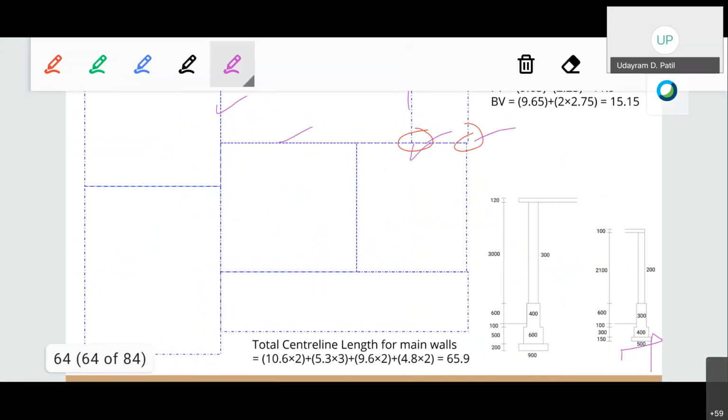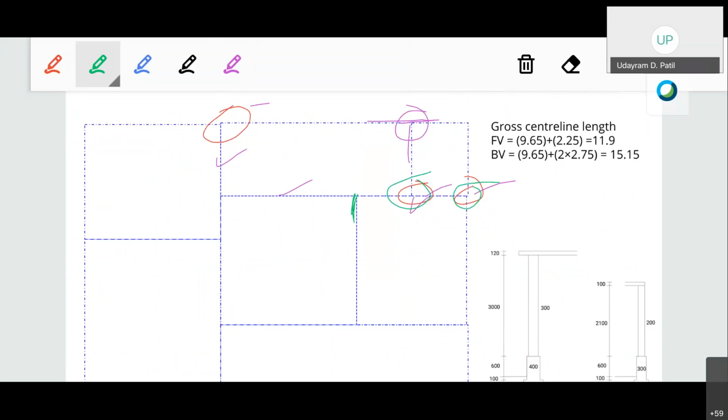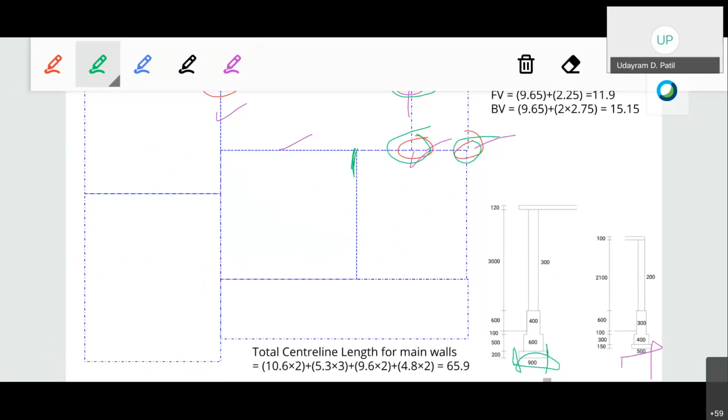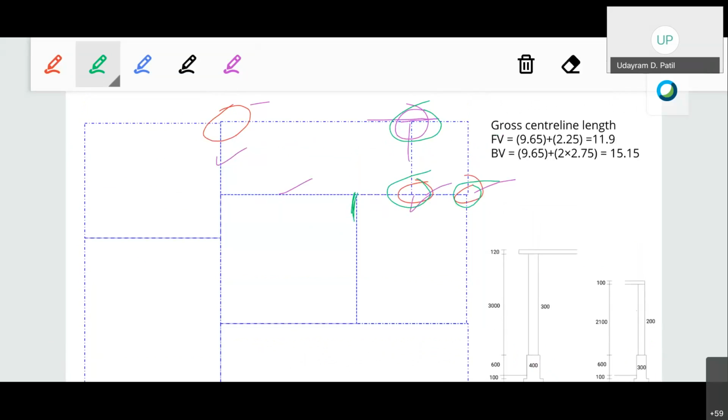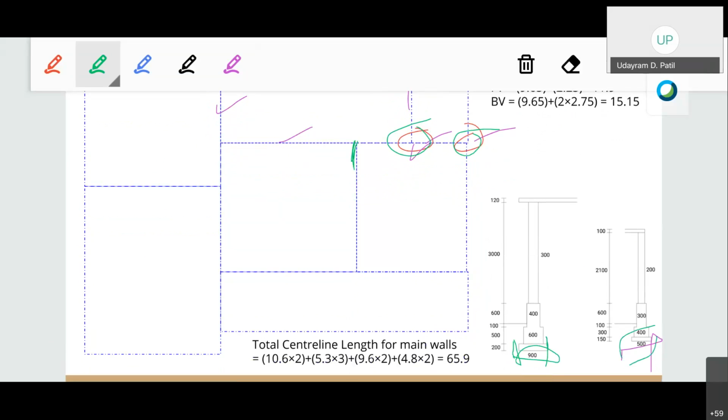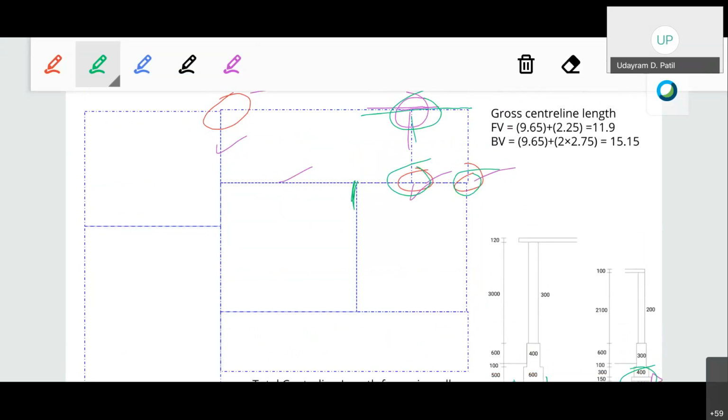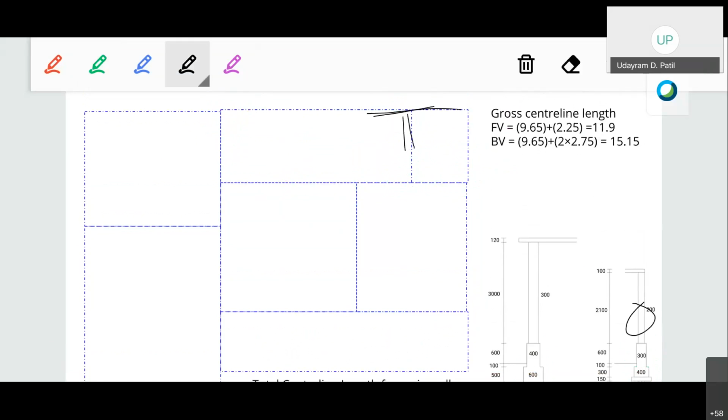Okay, at this particular junction, the other three junctions that you had, here it happened. Since the width of the item is the main wall here, the width of the foundation of the main wall is 0.9. Therefore, we are deducting half of that 0.9, that is 0.45. Whereas at this particular junction, the width of the foundation is 0.5, because both of the walls are of 0.2 meter, so their foundation will be the same.